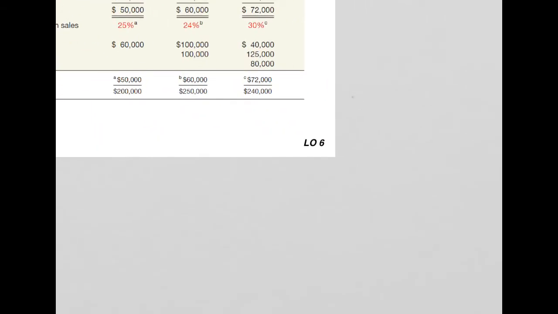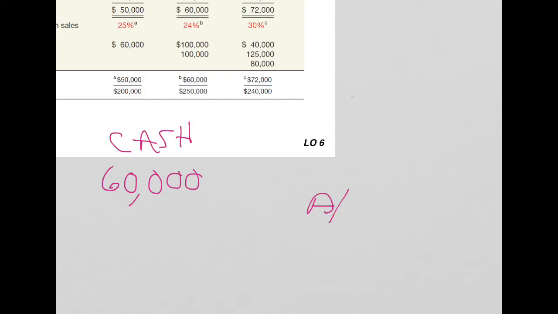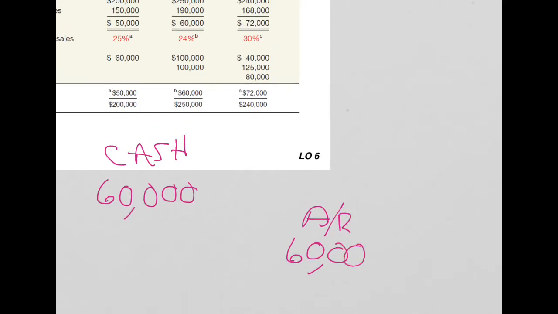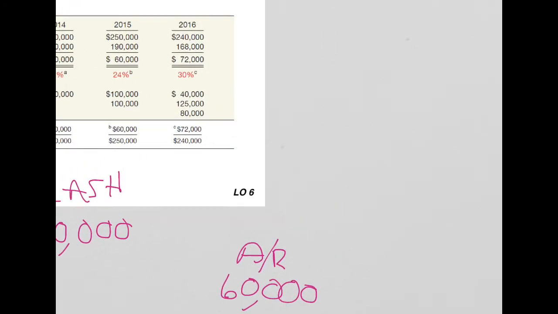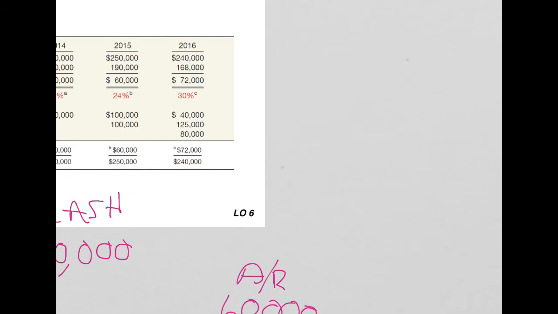As we collect on the 200,000, let's say we collect 60, so 60 will come in, that'll be a debit to cash. We'll credit the receivable for 60, and since we've now collected this much, we can release some of the deferred revenue liability to profit.